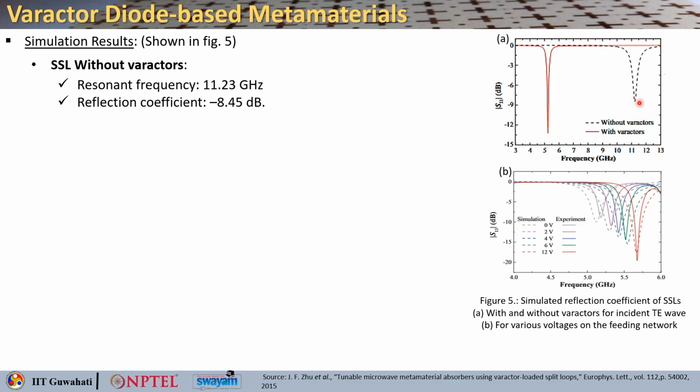So without varactors, you can see the resonance frequency is around 11.23 gigahertz and the reflection coefficient is minus 8.45 dB.